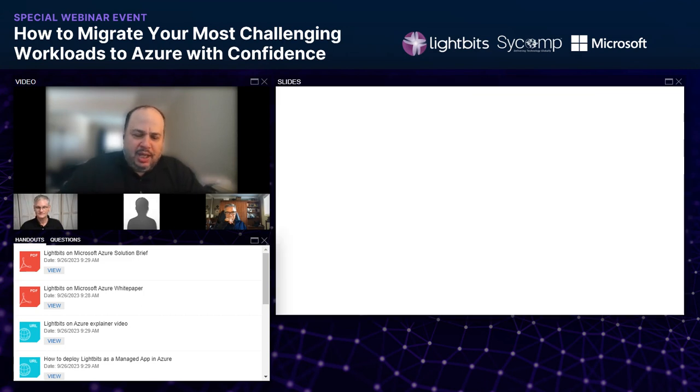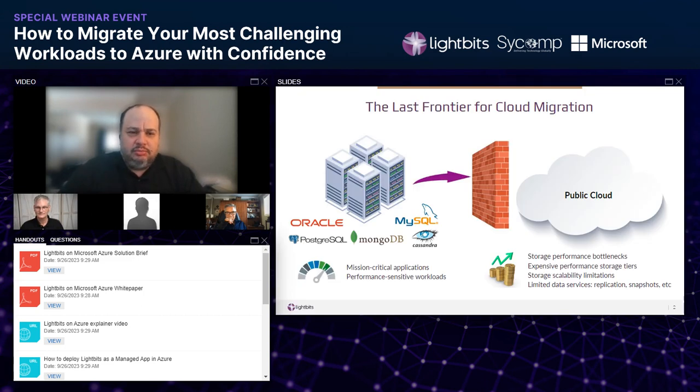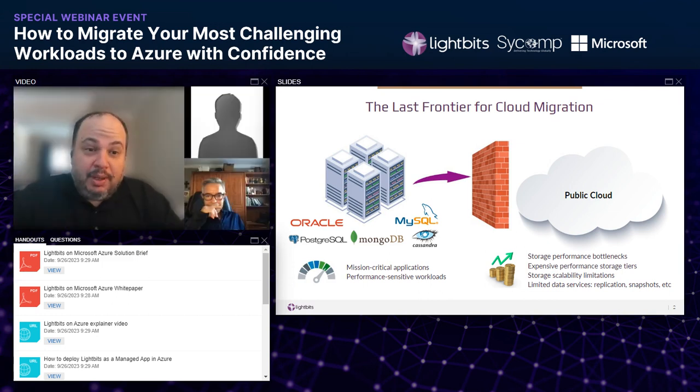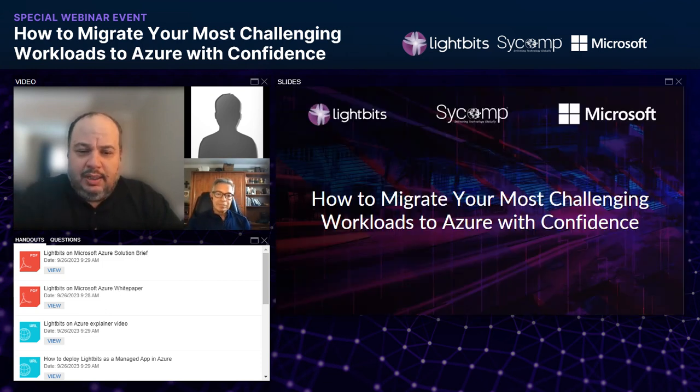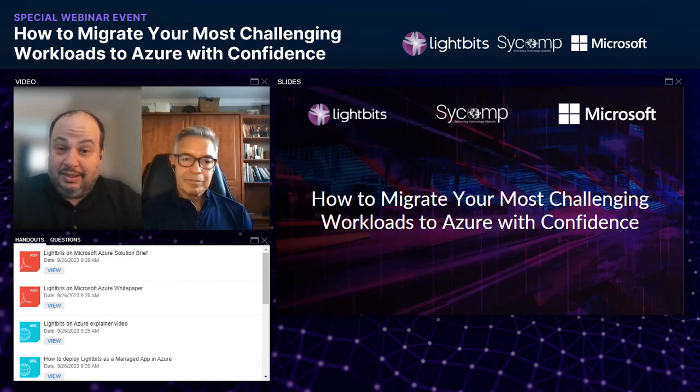I think we had a great discussion around what is required to migrate workloads to the public cloud, and to Azure. Kishore was talking specifically about Oracle storage. Henry was talking about legacy applications.